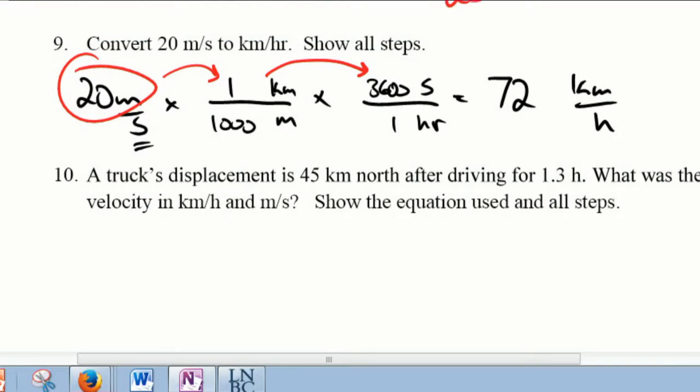So in my calculator, it's going to be 20 times 1 times 3600. And then I'll do the divisions. I'm going to divide by 1,000 and then divide by 1. And then I'll go with an equal sign there.